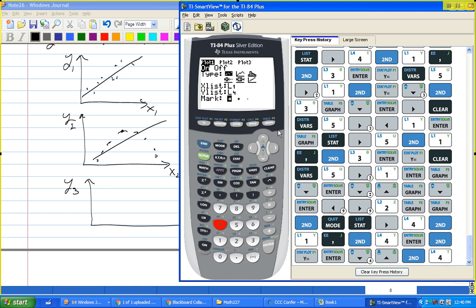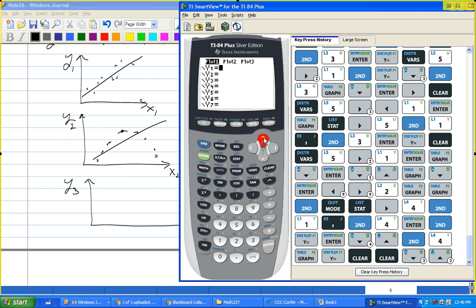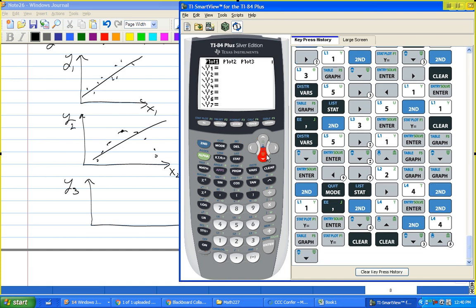Oops, I forgot to input that. Okay. So let's do vars. Fifth equation. Regression equation. Good.